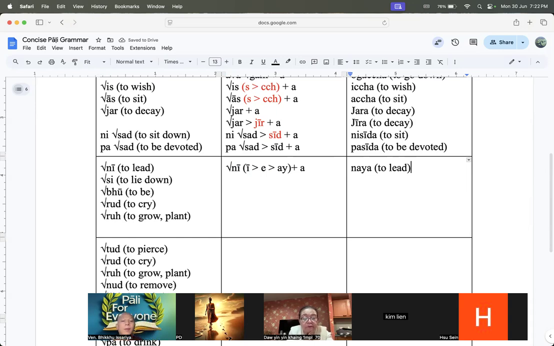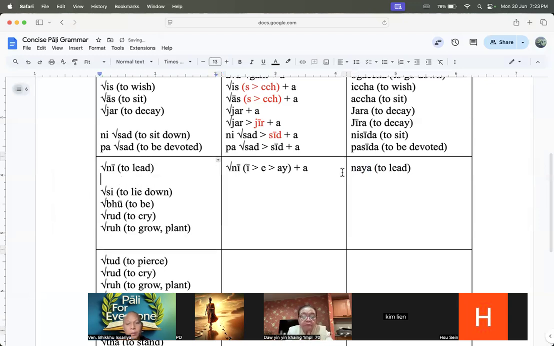And then sometimes this a can be omitted. But instead of saying omission, just say change. So for example, this aya is contracted as e. Now from the naya base, this aya is contracted as e.